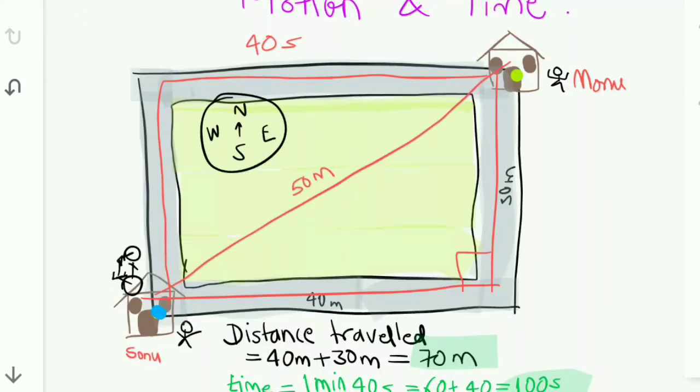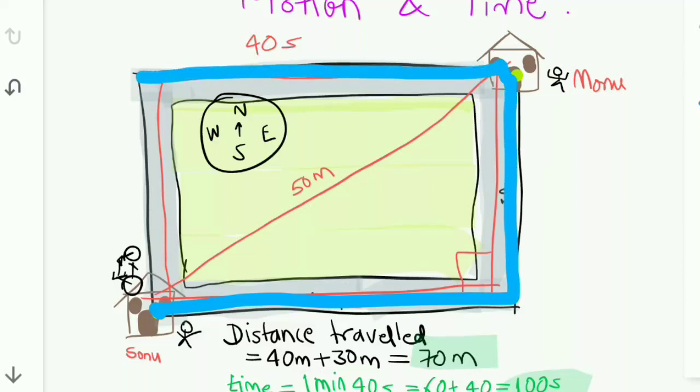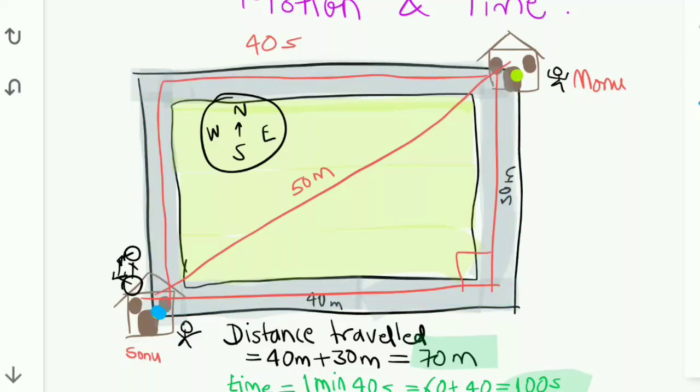So what would be the total distance traveled by Sonu for his entire journey? Entire means starting from here, then reaching his friend's place, then coming back from his friend's place to his own house. So the distance traveled would be 40 plus 30 was his total distance in first travel, that is getting to Monu's place.